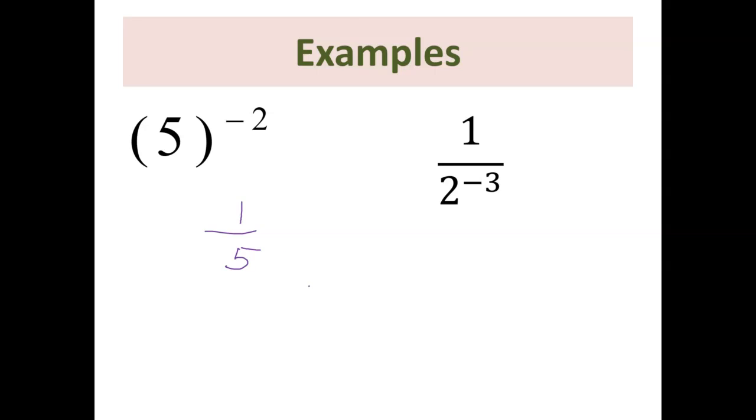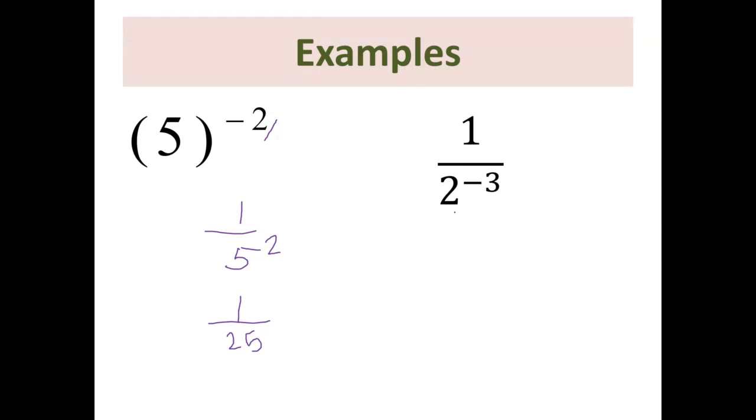As soon as you bring the 5 down, keep in mind the power, which was a negative, now it becomes positive. You can leave it like that, or if you want to evaluate furthermore, we can. In that case, I will multiply 5 times 5 to get 25. Either one will be correct depending on the instruction given to you.